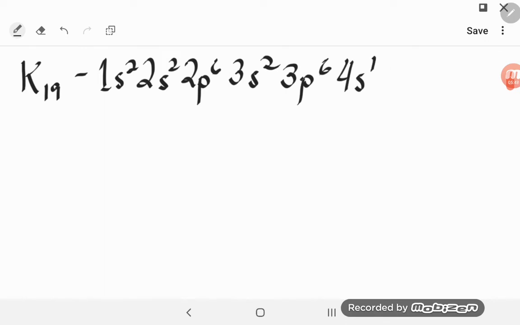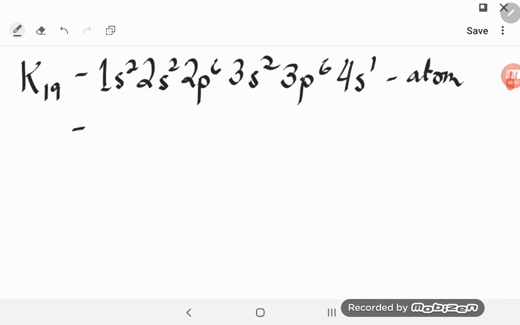So that would be 1s2, 2s2, 2p6, 3s2, 3p6, 4s1. So that's how you write the electronic configuration of potassium as an atom.